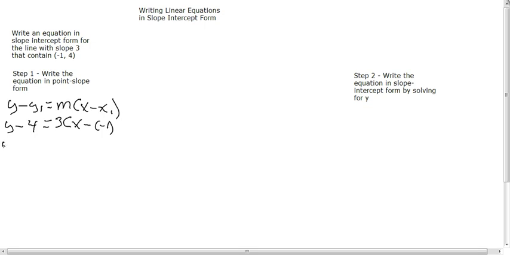We can make this y minus 4 is equal to 3 times x plus 1. Okay, so that takes care of our, I can write it a little plainer so you guys can understand that. That's y minus 4 is equal to 3 times x plus 1. Okay, and this is in point slope form.